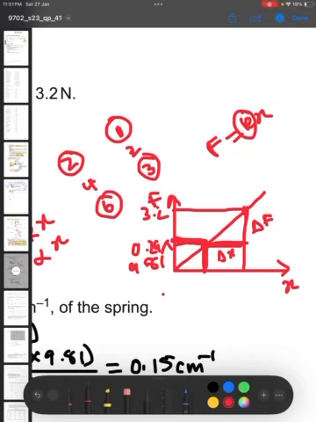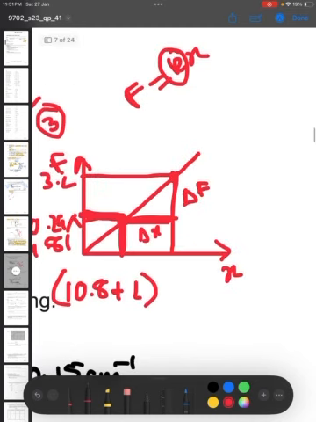So we could say that the new length, 10.8, minus the original length, gives me the extension at a particular time when we have got the force of 3.2.